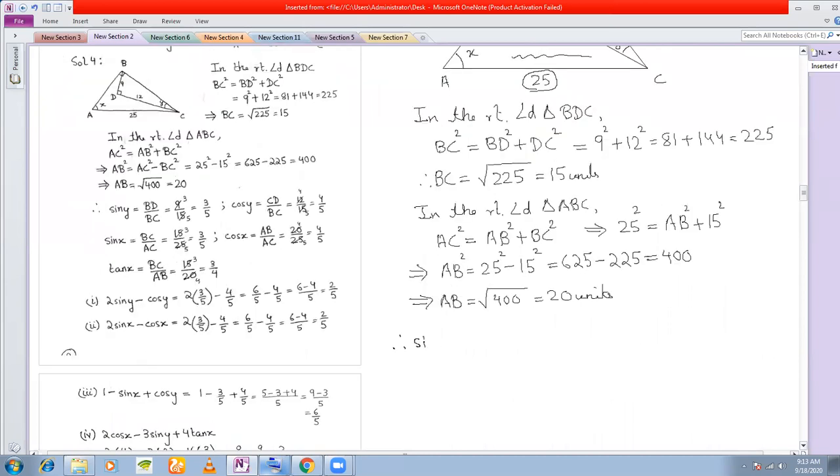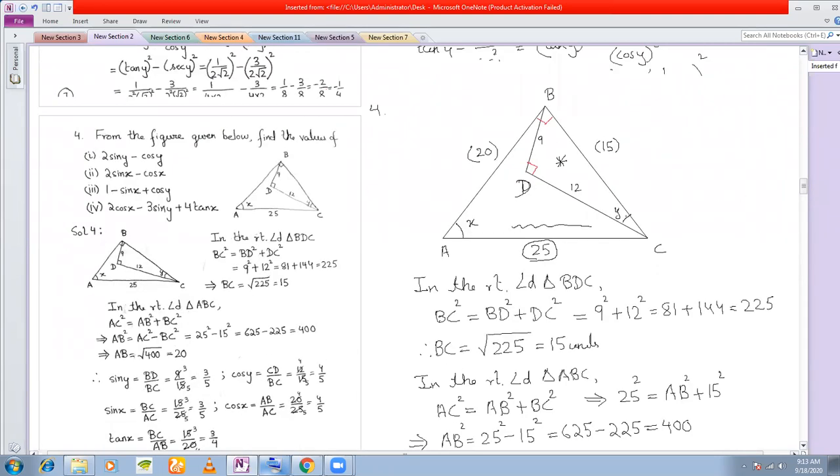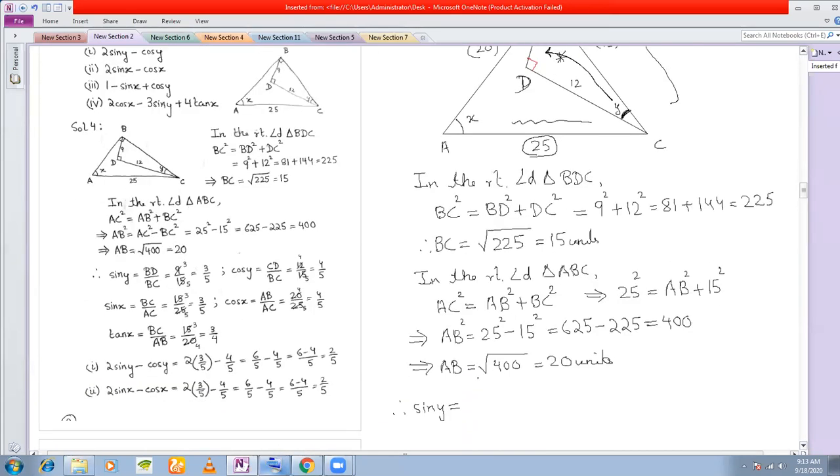Therefore, what is sine y? In order to find out sine y, you must see that this angle here is y. So therefore, opposite to this must be your perpendicular, right? And BC, this length, we already know this as the hypotenuse. So therefore, sine y must be perpendicular by hypotenuse.